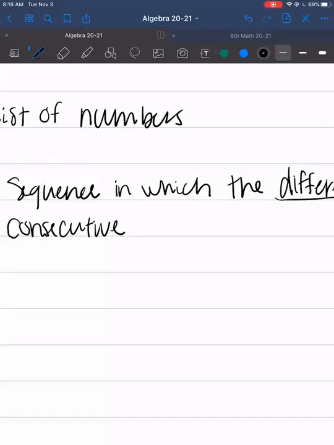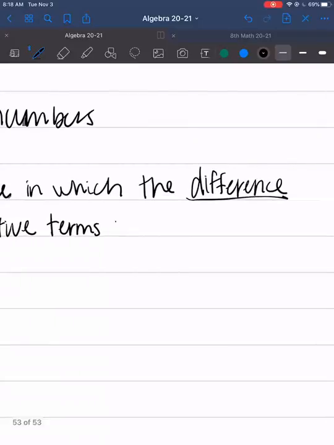Consecutive terms is the same. So the sequence in which the difference between two consecutive terms is the same.